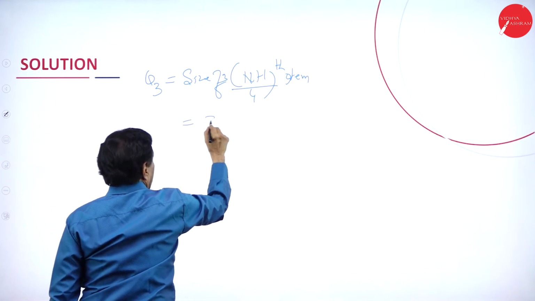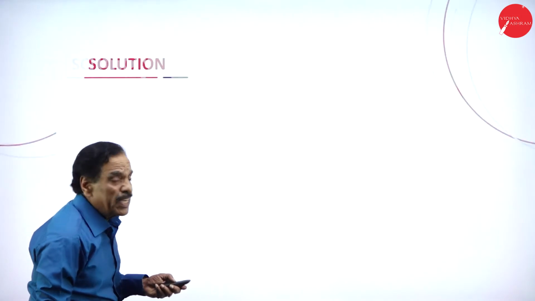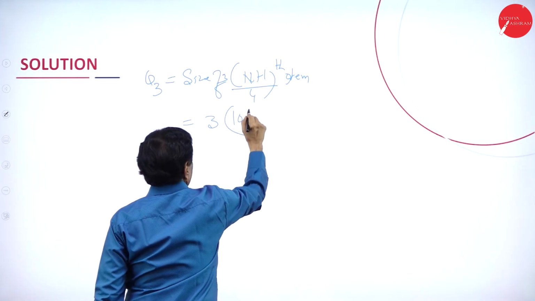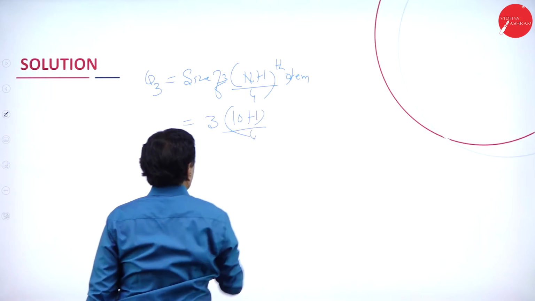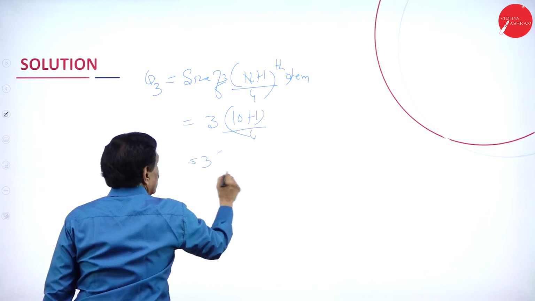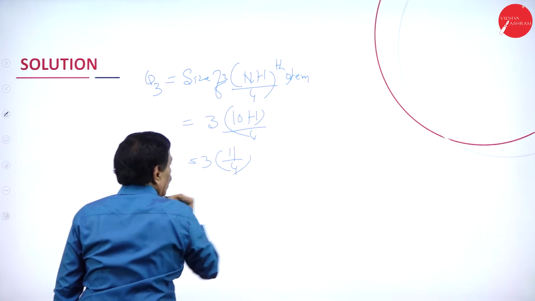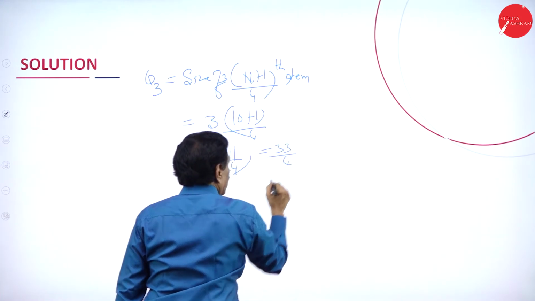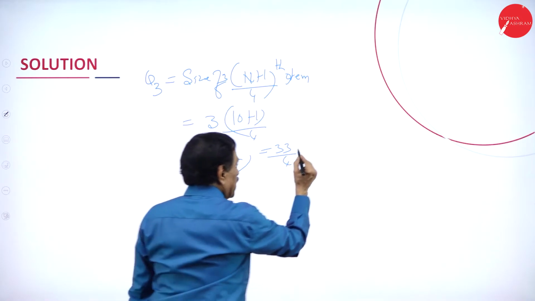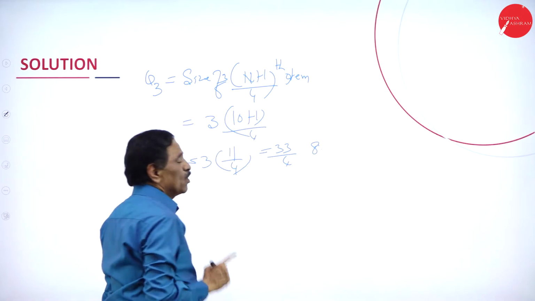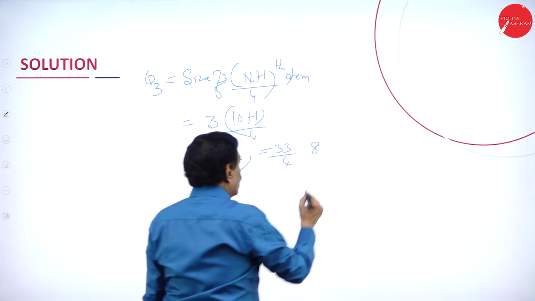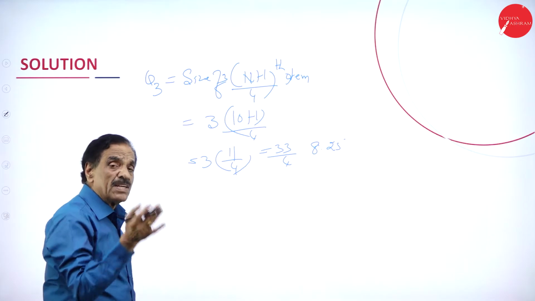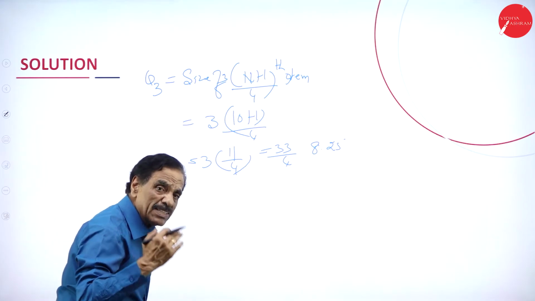What's your n now? n is 10, so 3 into 11 divided by 4. This is nothing but 33 divided by 4. 4 8s are 32, 1 remaining. 4 2s are 8, 4 5s are 20. 8.25. It lies between the 8th number and the 9th number.